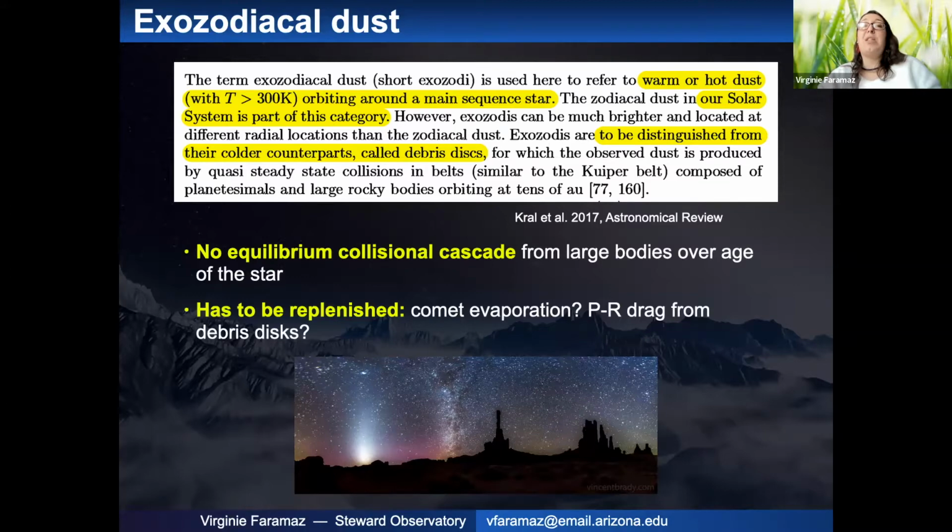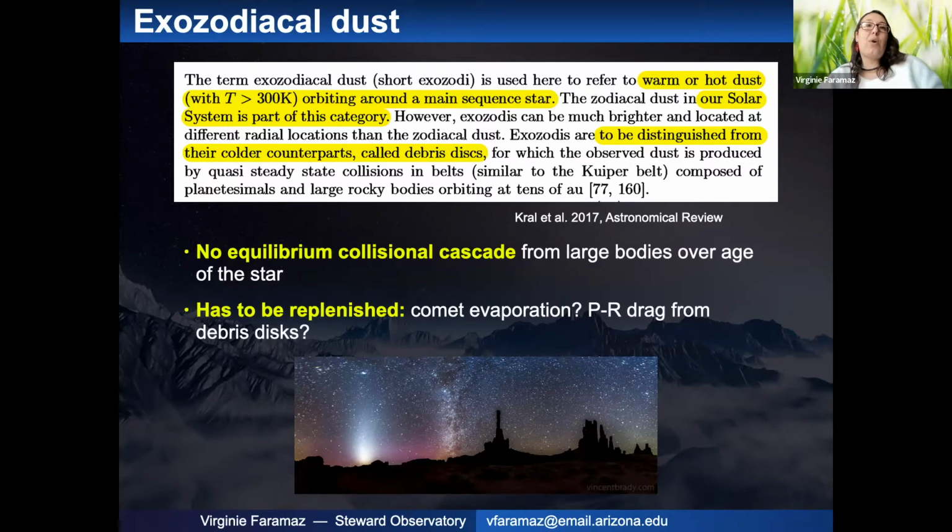Something important to understand about exozodis is that, in contrast with other dust populations that you can find around other main sequence stars, these are not produced in situ through a collisional cascade amongst larger bodies like Kuiper belt or asteroid belt analogs. It's simply a matter of dynamical timescales.